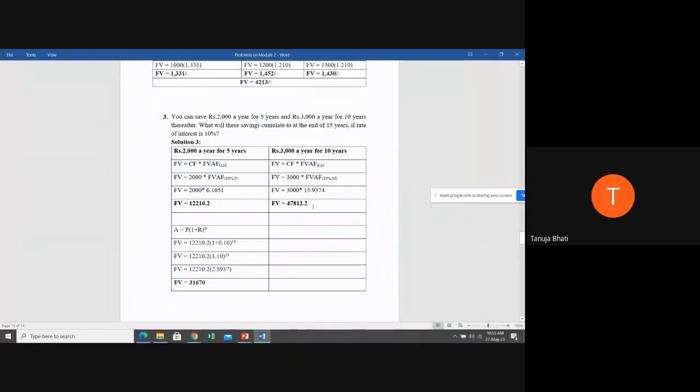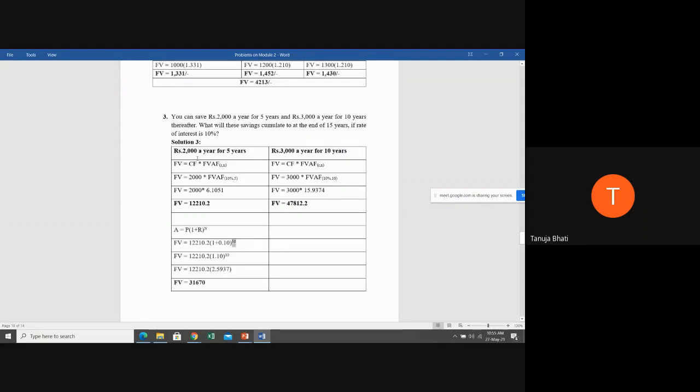So this future value is already at the end of 15 years. Because here 3,000 is deposited for 10 years thereafter. Thereafter means after 5 years. So already this is the future value at the end of 15 years itself. That is why we have not considered this as a single cash flow and calculated it further. So this is 5 and this is 10.